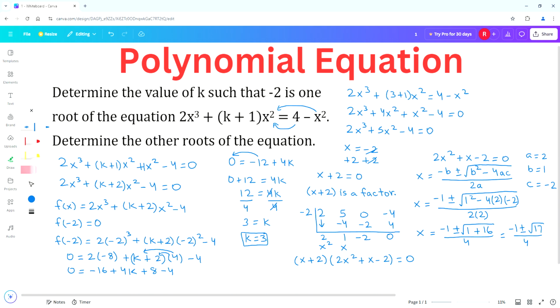We get two solutions, one with a positive sign, one with a negative sign. So these are the exact values of the other roots of the given equation.